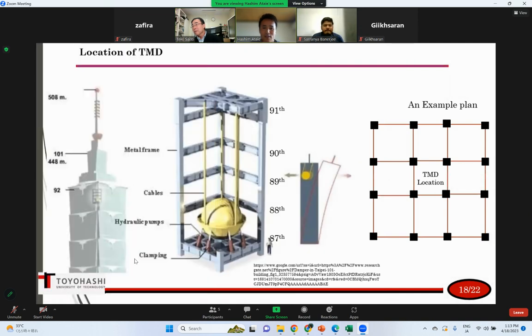But in multiple TMDs, this is, for example, Toyota 101 that they have seen before. If we imagine this is the floor, just a small space is considered for TMD, but in this way, other floors can be used for other purposes, offices, for example.